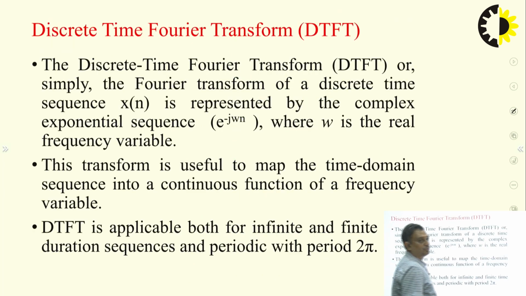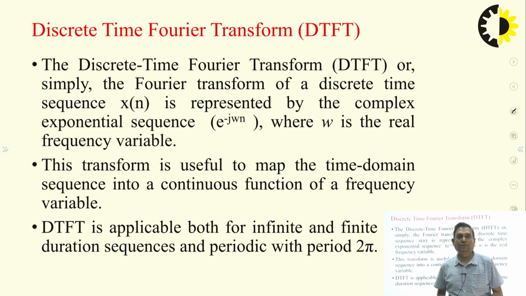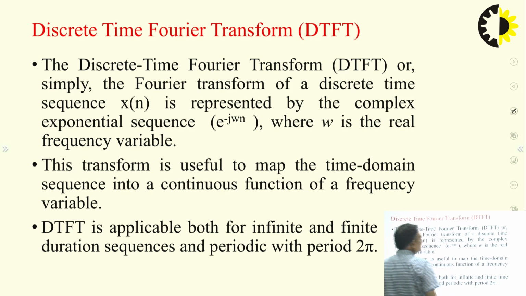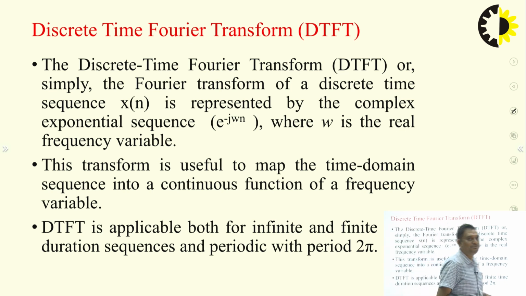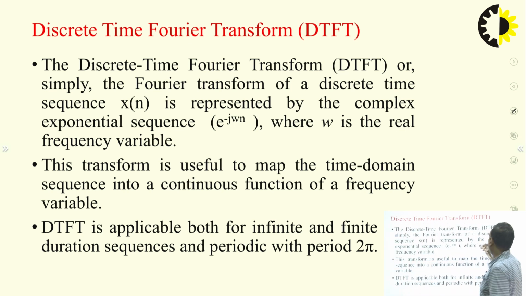Now comes another transform, the discrete time Fourier transform. CTFT is applicable for continuous time signals, and DTFT is applicable for discrete time signals. Here x(t) is written as x(n), which is discrete and aperiodic.